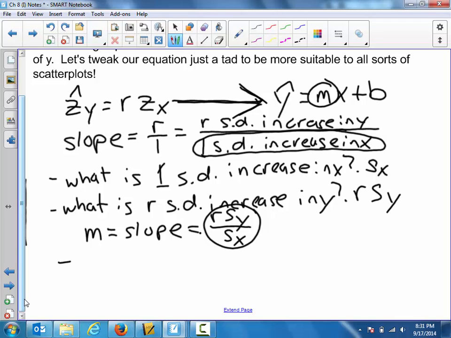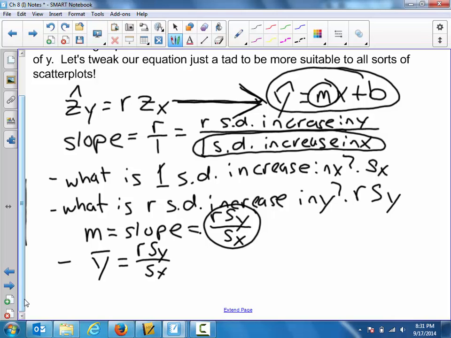To get b, we're going to take the generalized slope-intercept form of the line and plug in the mean of y and the mean of x. So we know a regression line will go through this point with a slope of what we just said it would be, r sy over sx times the mean of x, x bar, plus b, and b is what we're trying to find right here.